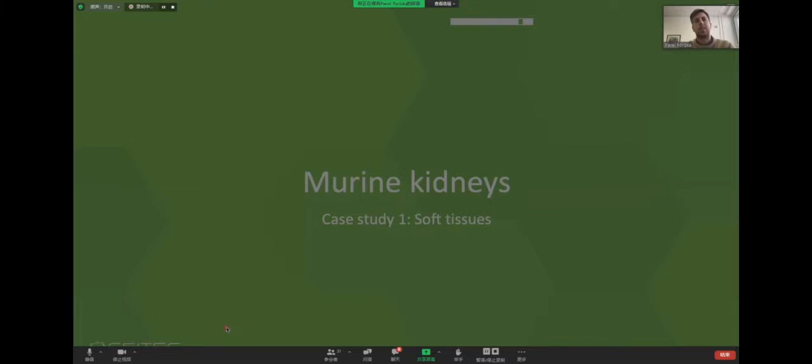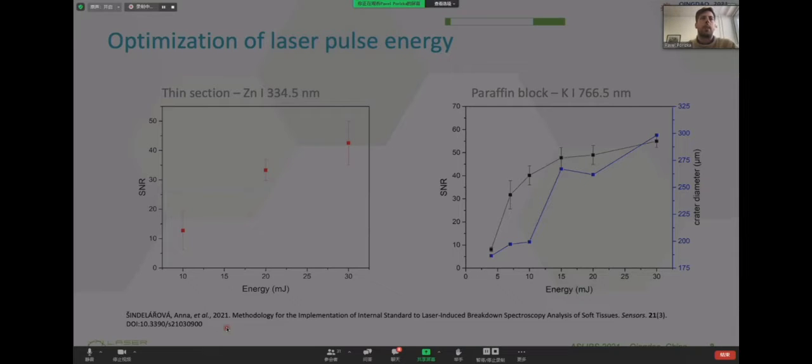So the first case study I should mention is the analysis of soft tissues of mouse kidneys. In the beginning, as I said, we did optimization on two different sample types, thin sections and paraffin blocks. In this case, we put some drops of zinc because we intended to go for zinc detection in soft tissues.